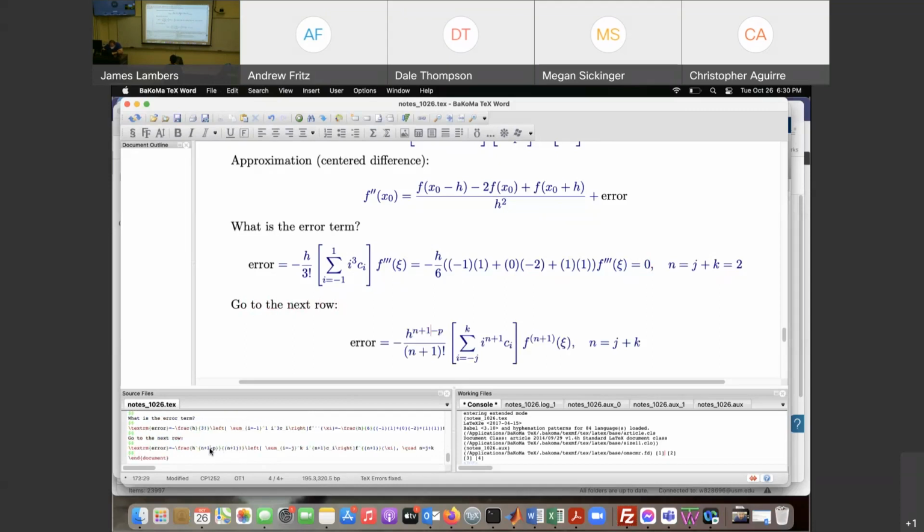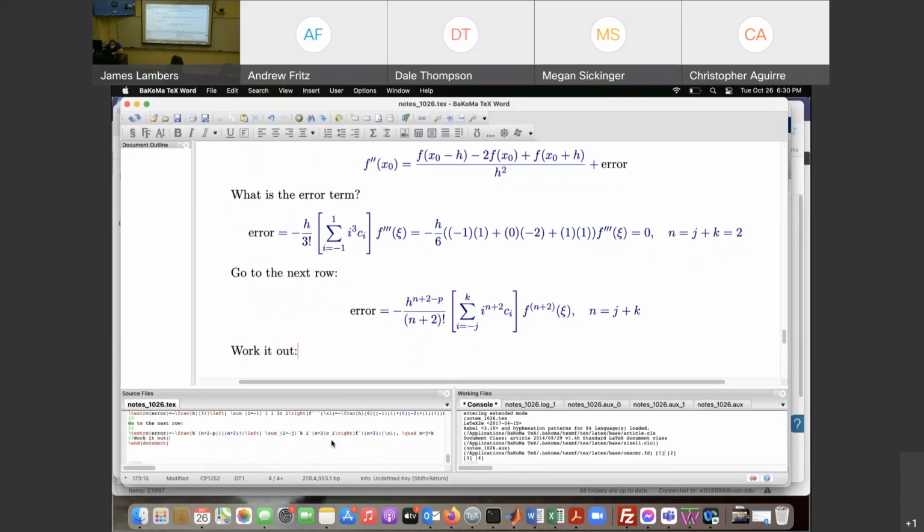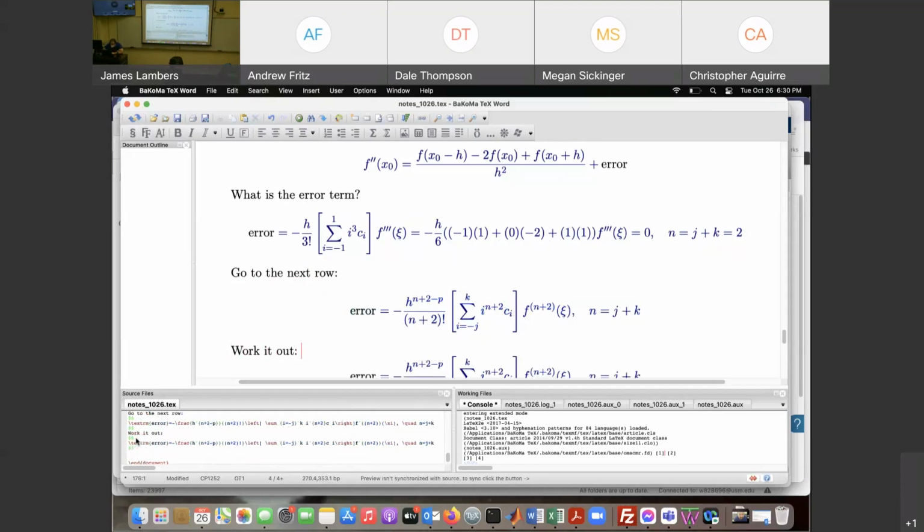All right, so 2 minus p, and then I'll have n plus 2 factorial. Okay, and the coefficients are the same, and plus the second derivative. All right, let's see what that turns out to be. I know what the answer is supposed to be, so let's see if it actually works out that way.